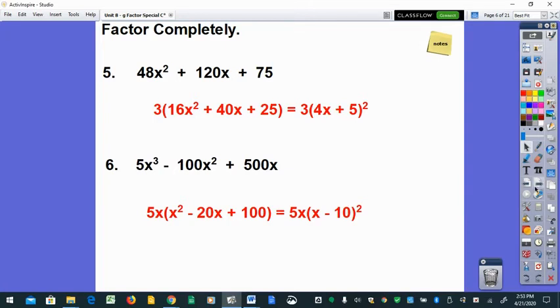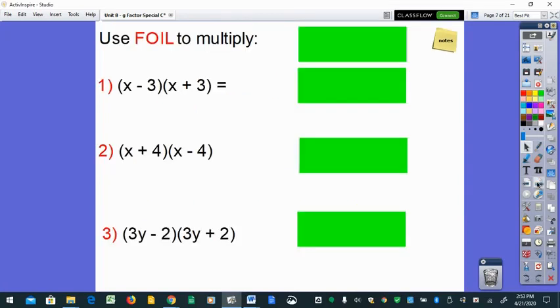Now, there is a special case, another one rather. So let's take a look at him. Just to remind you, we did something like this about a week or so ago. If we were to FOIL these, this is the case where we get the x squared, and the outer is a positive 3x, and the inner is a negative 3x, which is going to fall out. The OI is going to drop out, and the last will be negative 3.